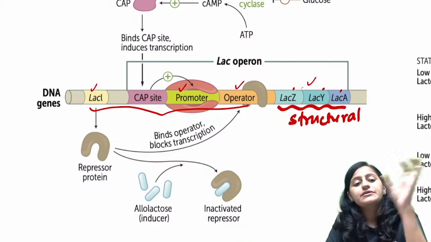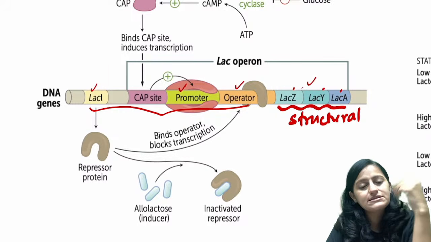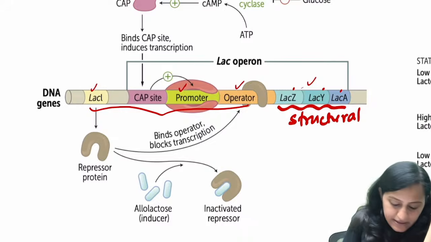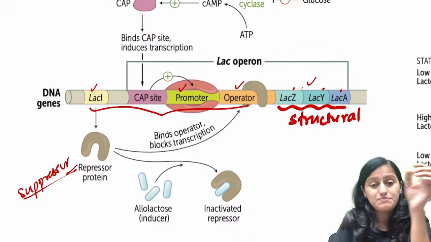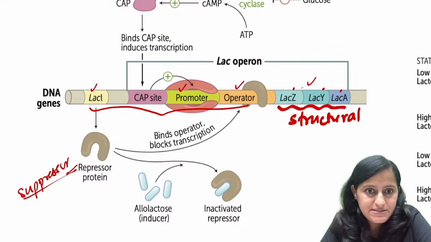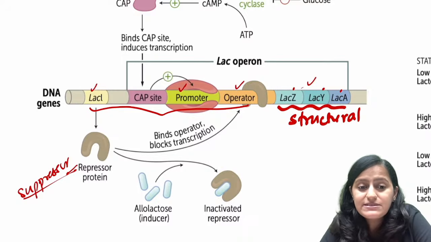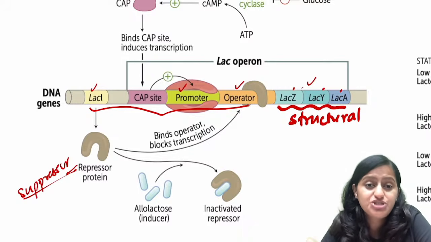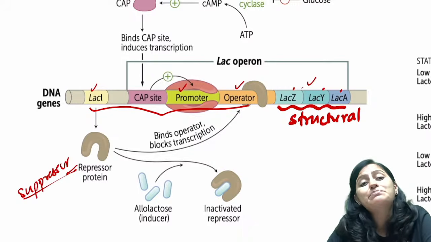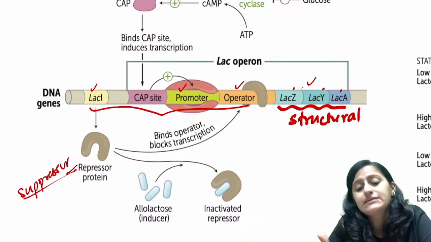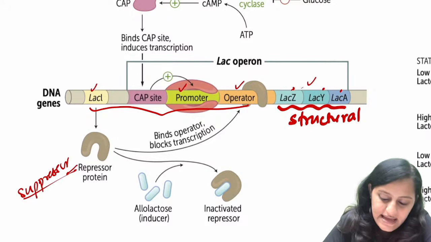Now remember that you have the concept of the repressor, right? What is a repressor? A repressor basically is a suppressor. In easy terms, wherever you read repressor, it means suppressor. It will suppress the lac operon. Now the question which comes in the exam is which gene encodes the repressor protein: lac I, lac Z, lac Y, or lac A?